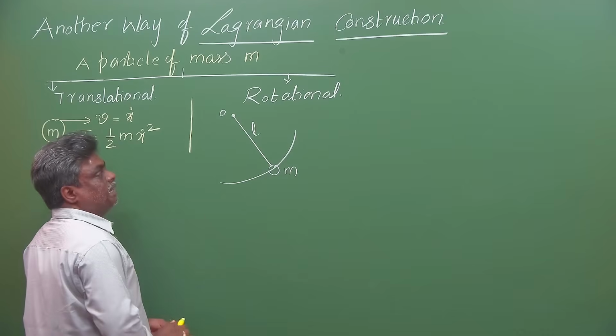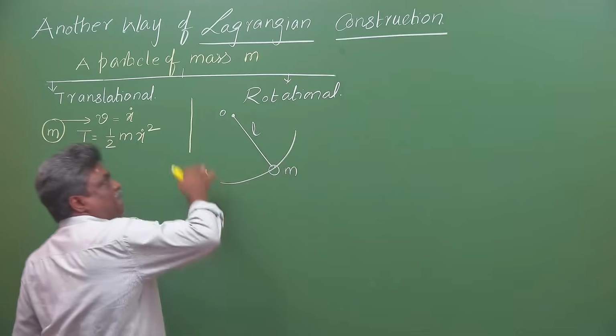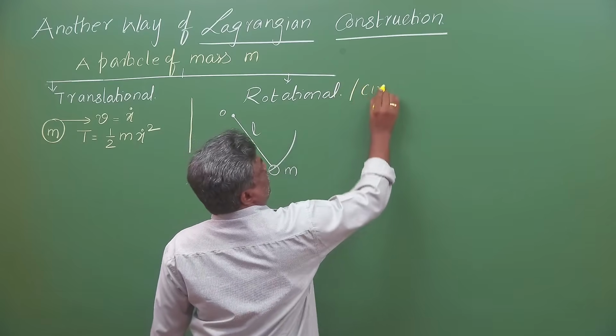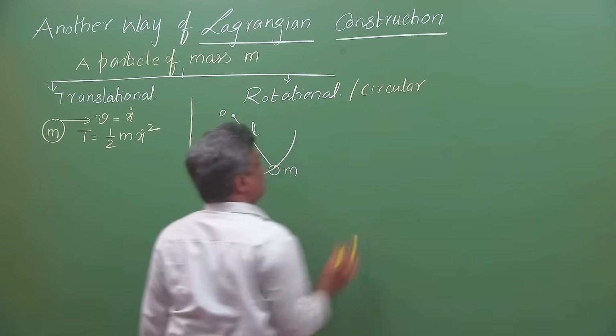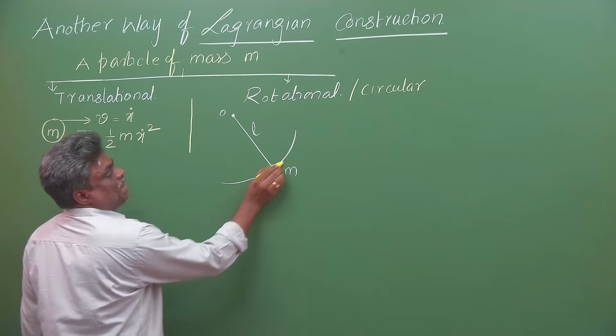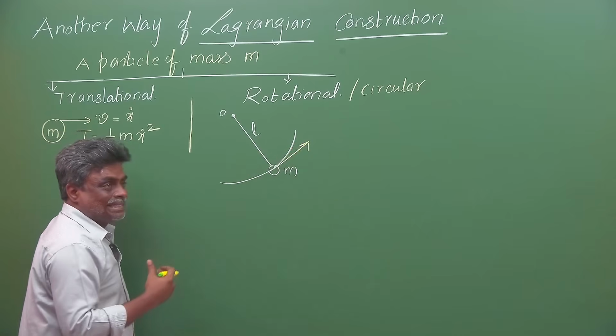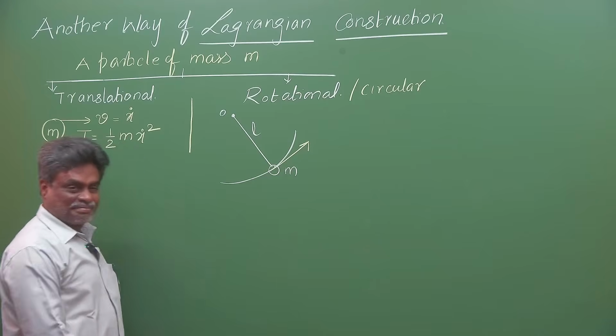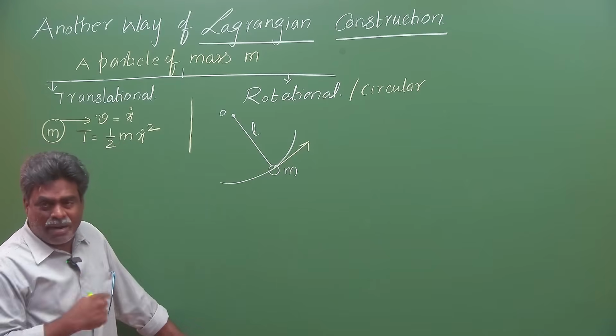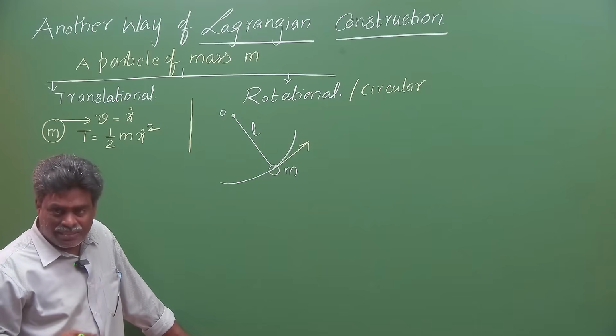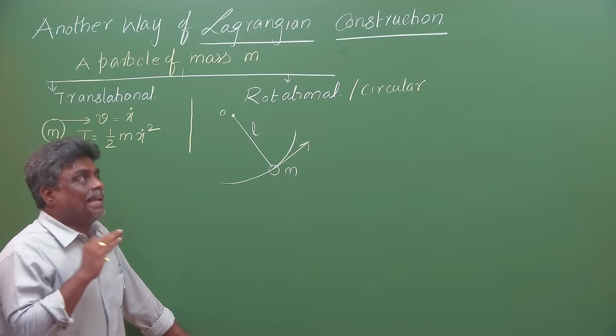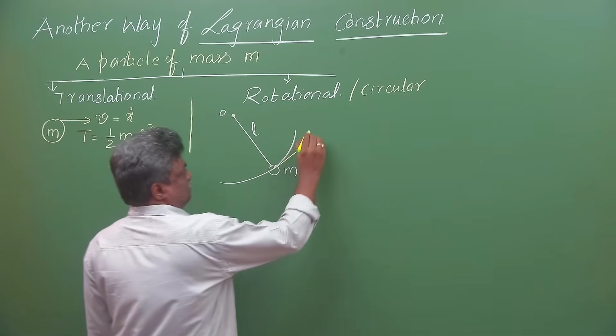Whenever the body is moving in rotational motion, here circular motion, what velocity is it having? Tangential velocity.